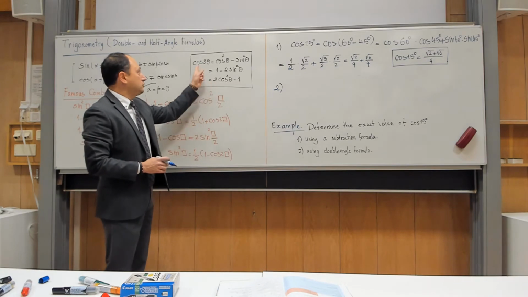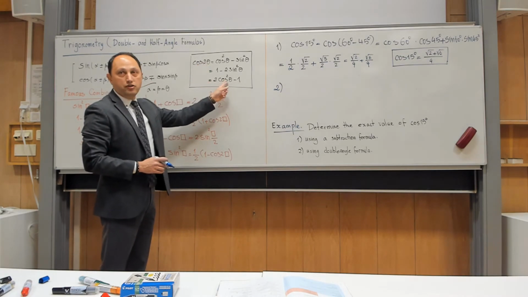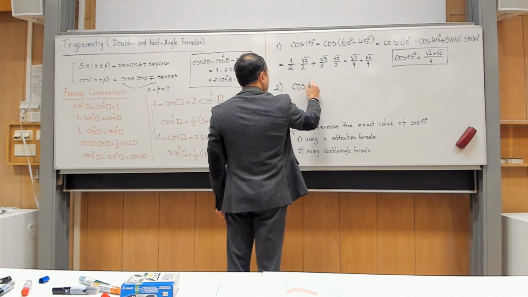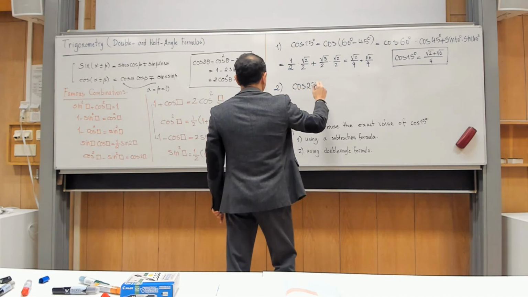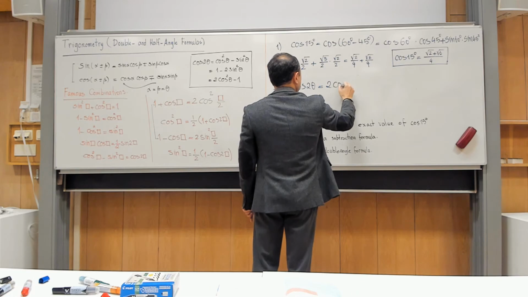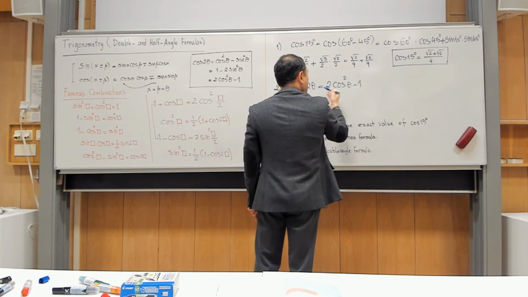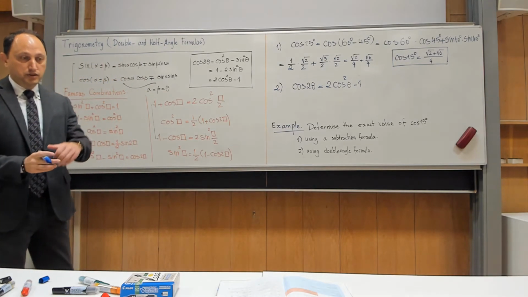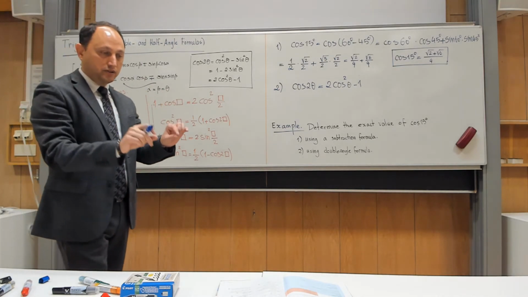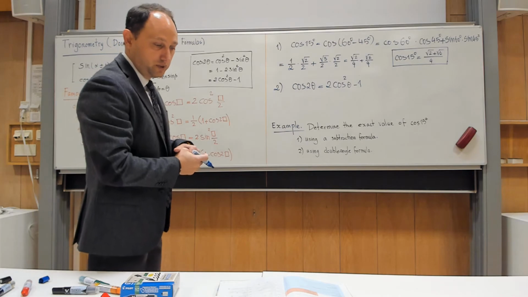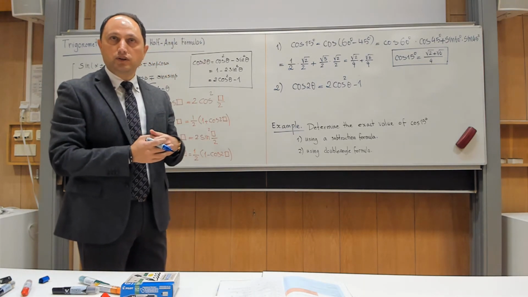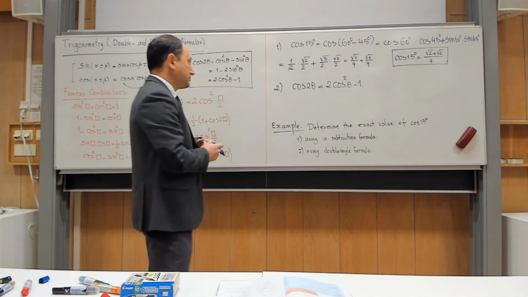So I will use cosine 2 theta with its third alternative here. I would write cosine 2 theta is equal to 2 cosine squared theta minus 1. This you have, I think, in the formula sheet. At least this is in the box in your book. And I think these orange parts are actually in the formula sheet as well. By the way, I will upload the formula sheet for you so that you can make sure which ones you need to memorize.